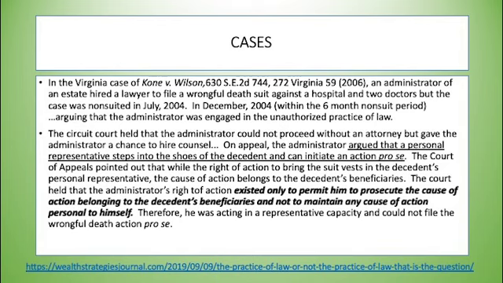But they said that that existed only to permit somebody to prosecute a cause of action belonging to the decedent's beneficiaries. It does not maintain any cause of action personal to himself.